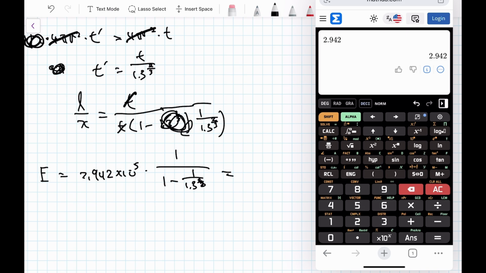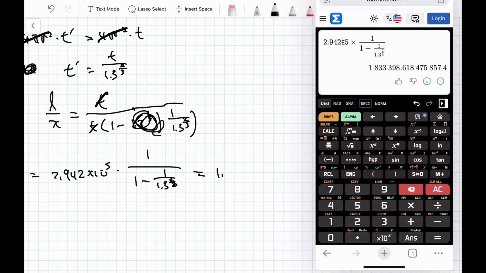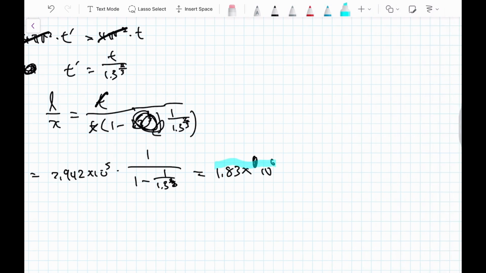So 294,200 and then multiply by 1 over 1 minus 1 over 1.3 to the power of 2 over 3. No, that is 1.83 times 10 to the power of 6. And that will be the answer to the question.